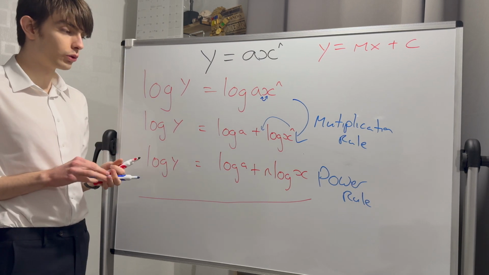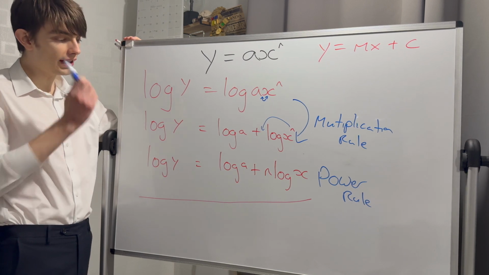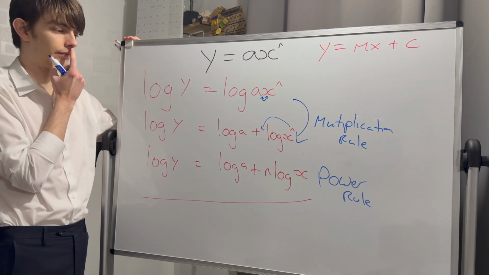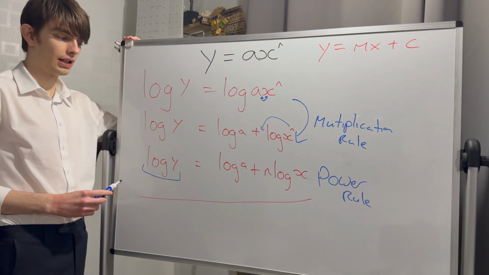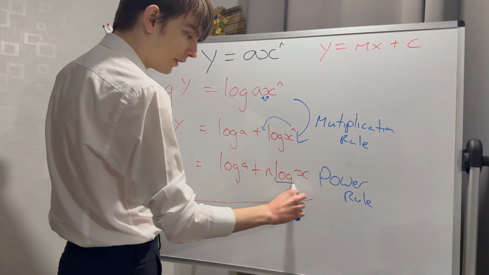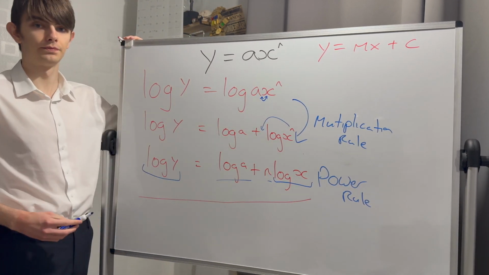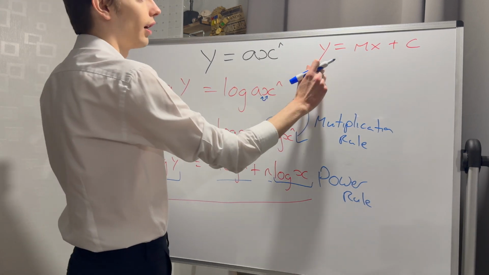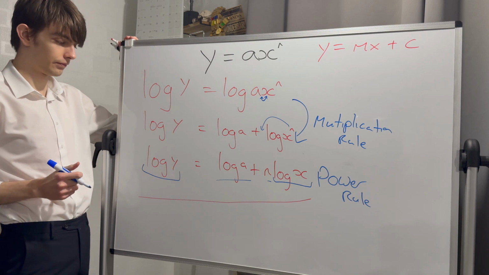Now, there are no more rules that I can apply here. Everything that can be done has been done. But I can have a look and notice something. I have something to do with a y equaling something to do with an x times a number plus another number. I have essentially got a y equals mx plus c.